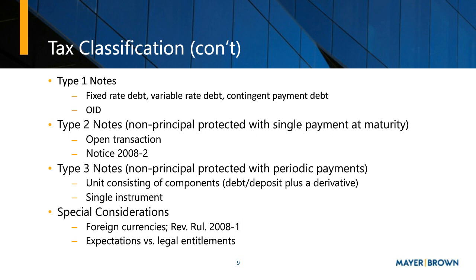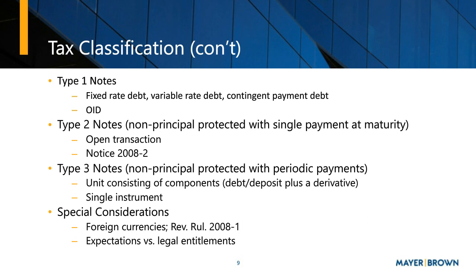But the two main different approaches shown on the slide are treating the notes as a unit consisting of two components, which is what we would call bifurcation. So there would be a debt or deposit component plus a derivative. The derivative is typically a put option.